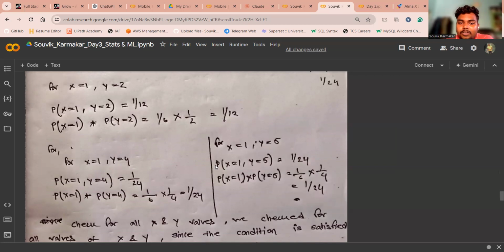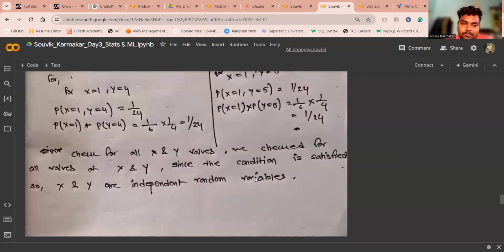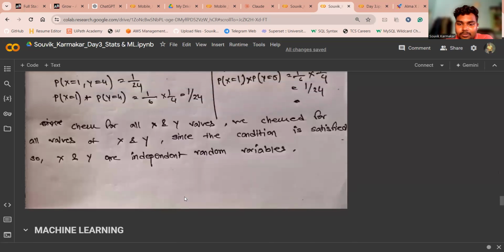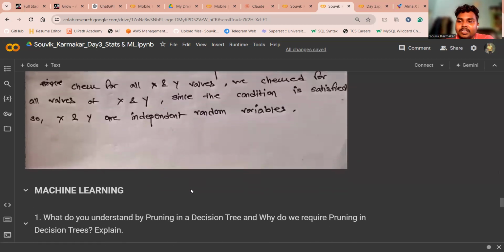I have also calculated for other values on rough paper, but I have not included them here. All the values come out the same and satisfy all the conditions. So we can say X and Y are independent random variables. That's all for the statistics.